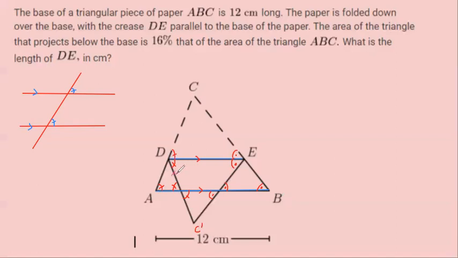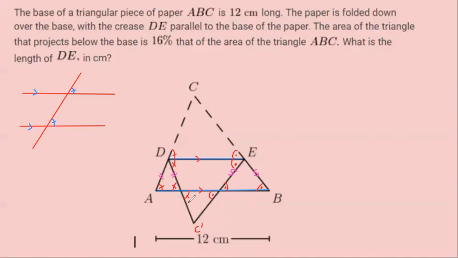So I'm going to call this guy and this guy equal to each other. And for the same reason, this guy and this guy will be equal to each other as well. And I already know this guy is parallel to this one, and this D, C prime, E and these CE are congruent triangles. So that means the angle C right here and angle C prime right here have to be congruent.